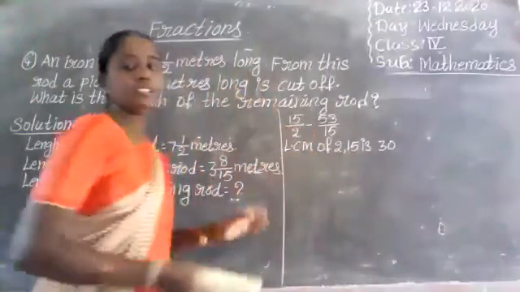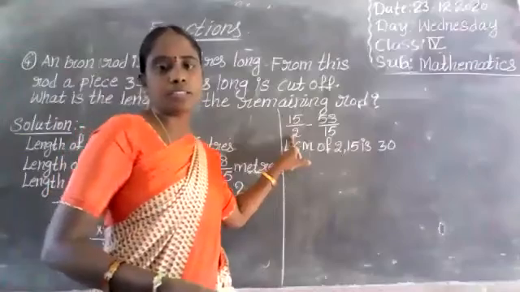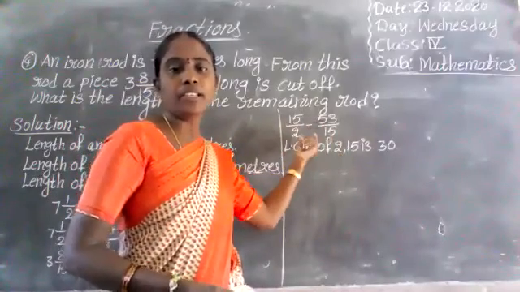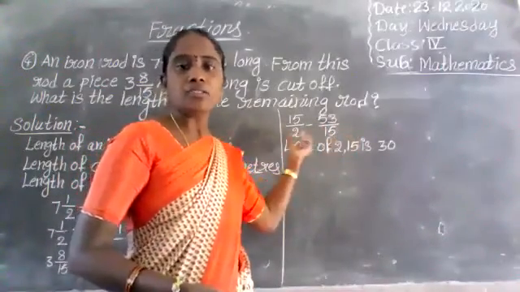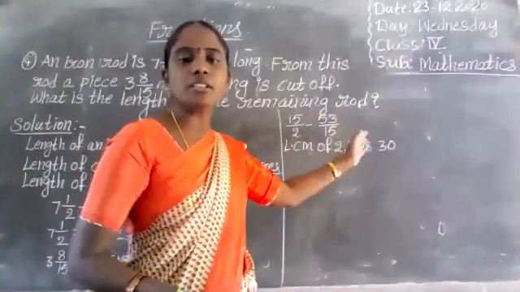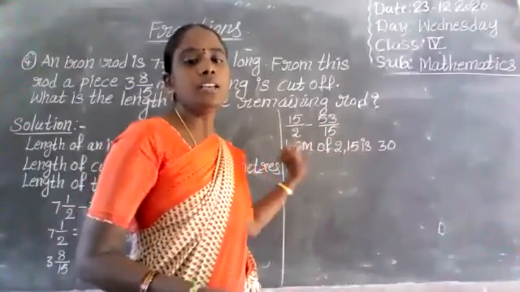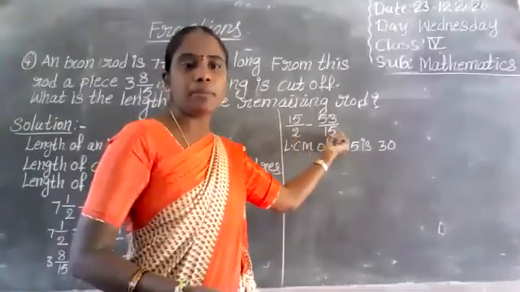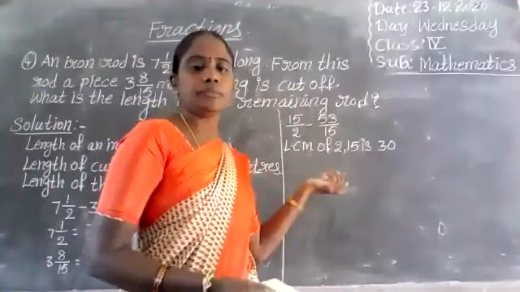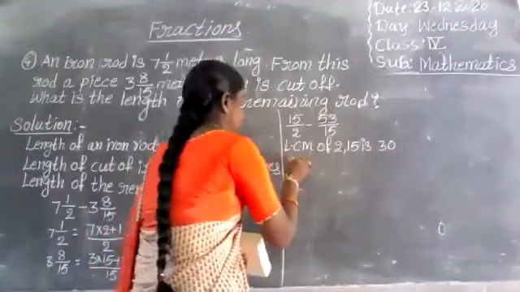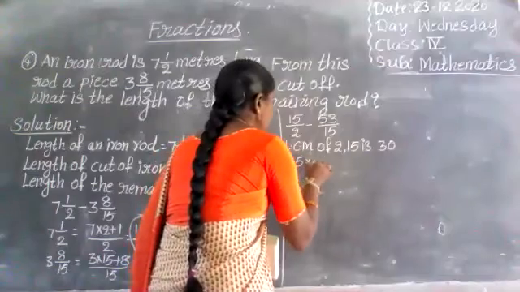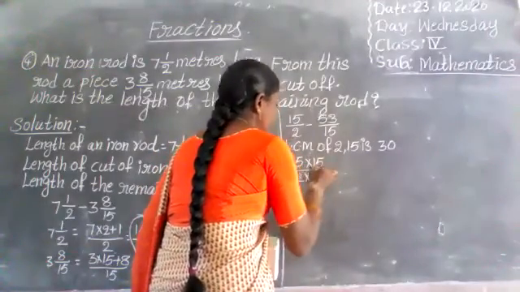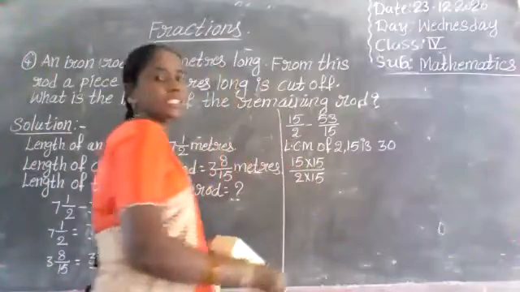Now here, 15 by 2 minus 53 by 15. Here denominators are different, so you have to change the denominators into 30. Here multiply by which number? Just think. 15 into 15 by 2 into 15, because 2 15s are 30.